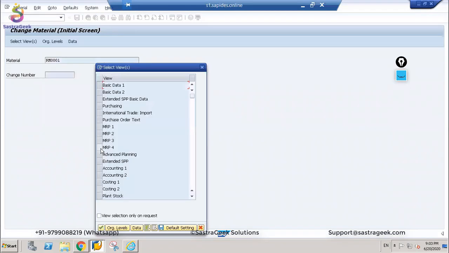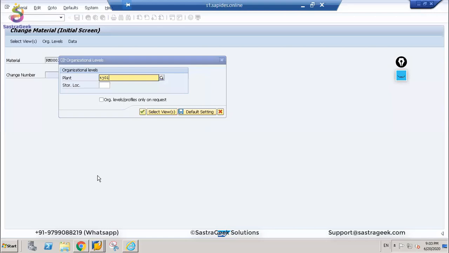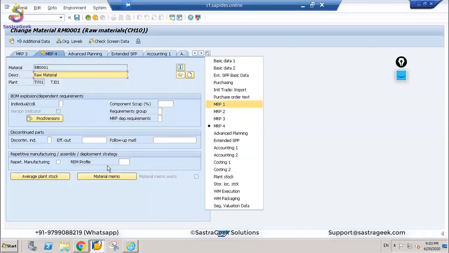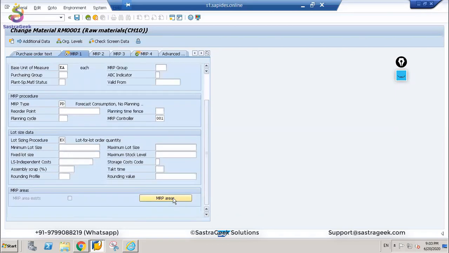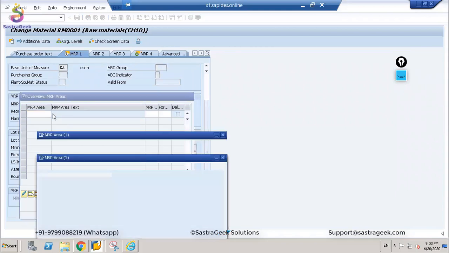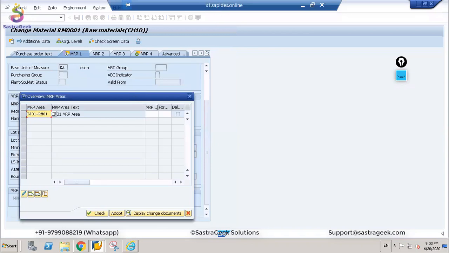At MRP4 view, okay, MRP area, you need to assign it MRP1. Here is the MRP area indicator, where you can go here and you can simply assign your MRP area that you have created, right? Then, if you have MRP profile, no, nothing.